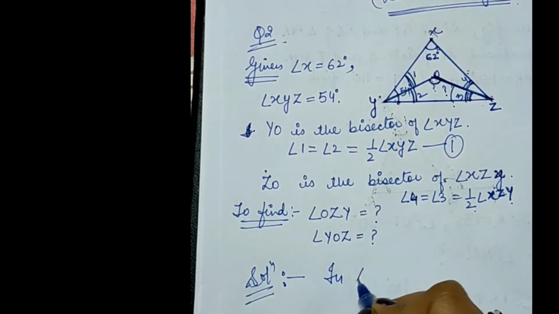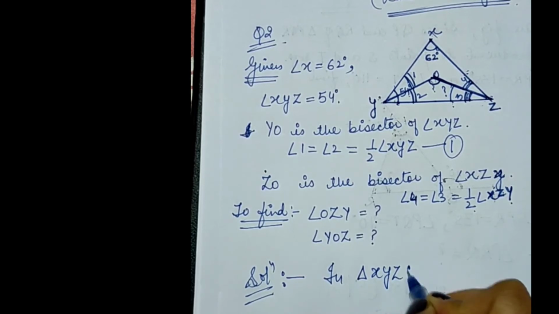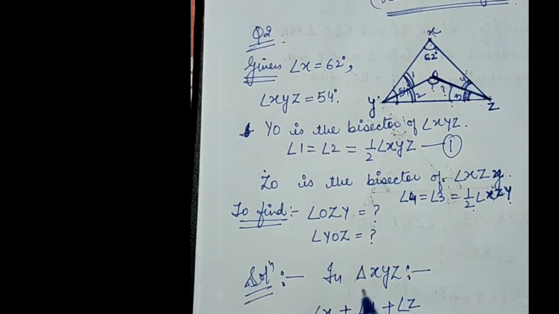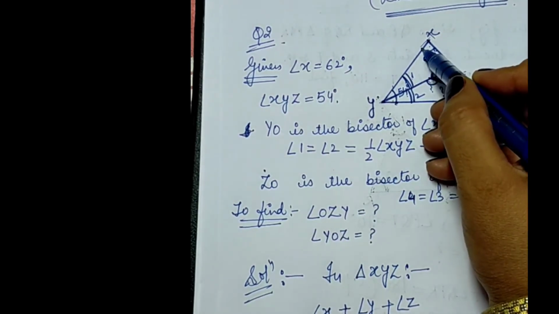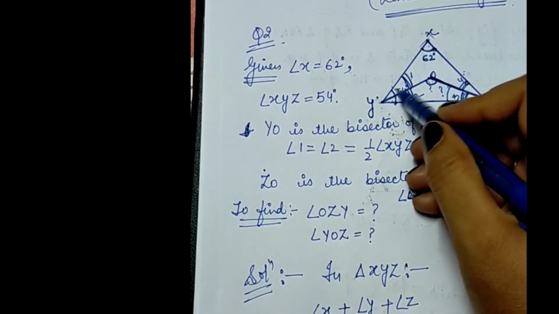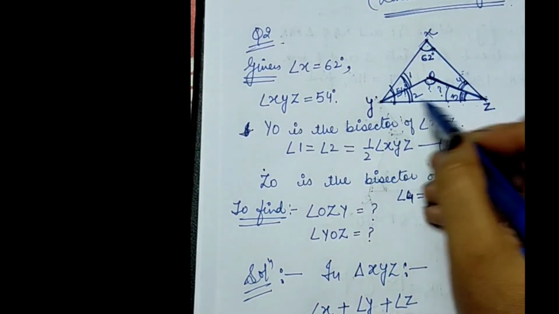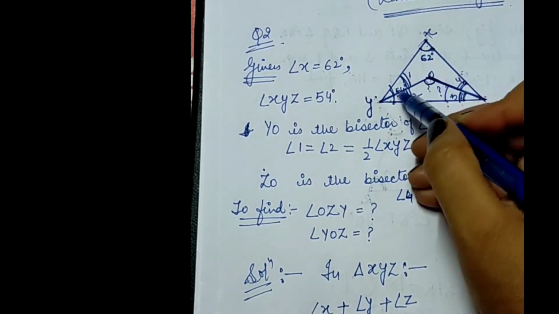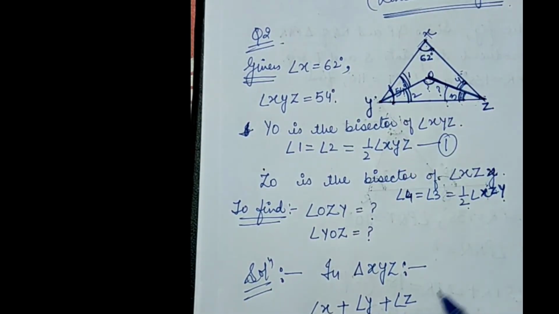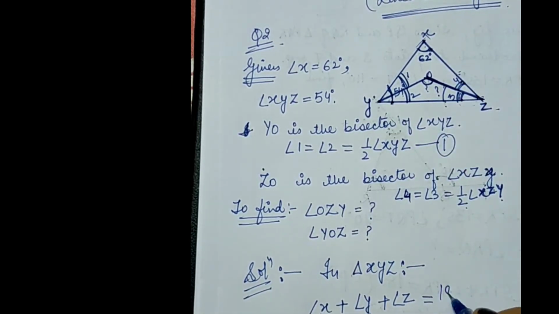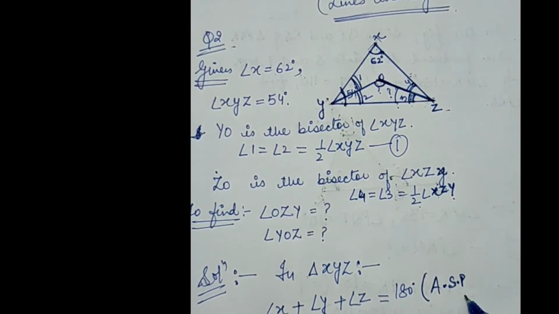Now in triangle XYZ, angle x plus angle y plus angle z. We have already written the name of the triangle XYZ. That means definitely we are talking about the three angles as x, y and z. We are not talking about OYX or OYZ. Because of the name we are writing, y means I am writing the full angle over here. You can write XYZ or YZX as you want, using angle sum property of triangles.